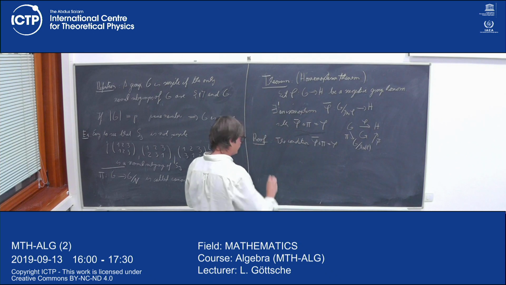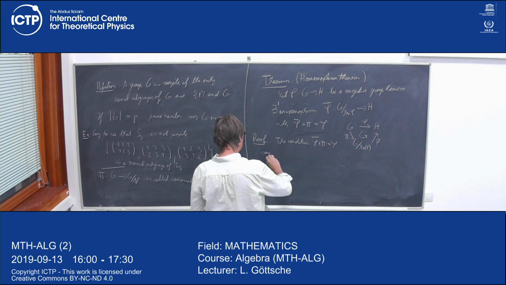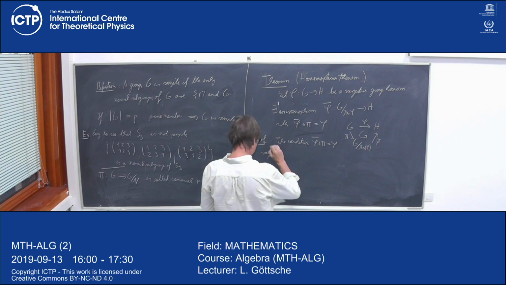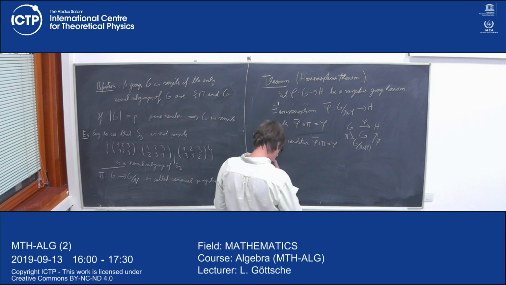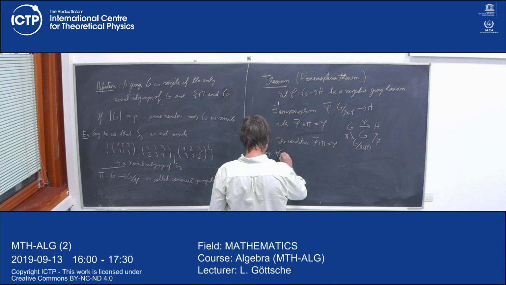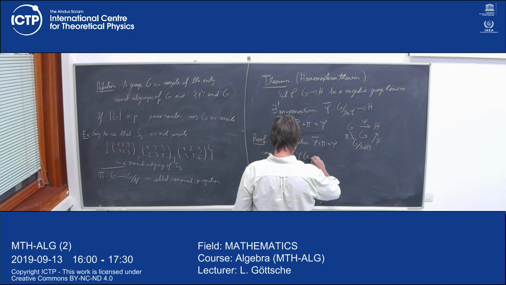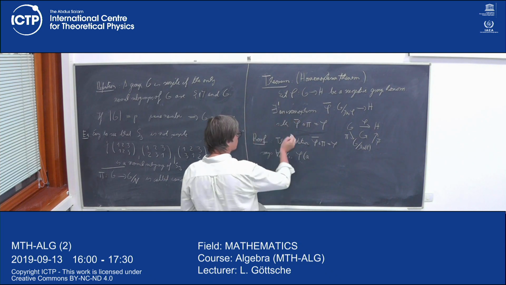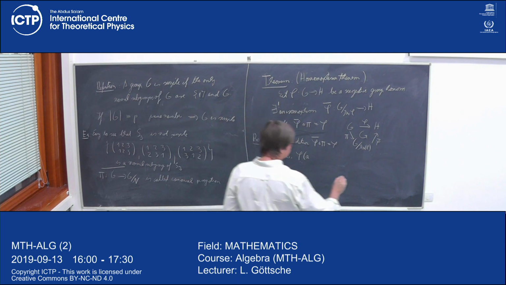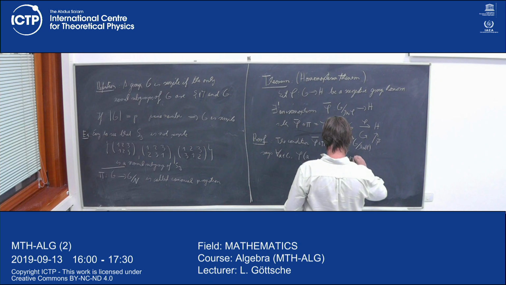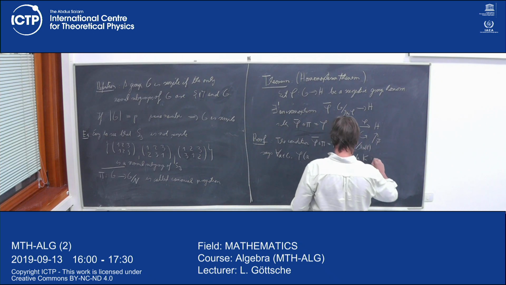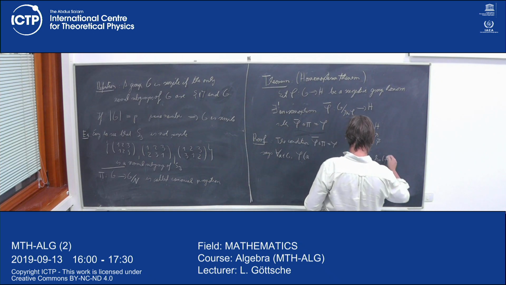So what does it say? That for all elements A in G, we should have phi bar of A times the kernel of phi. So maybe I write K to be the kernel of phi.